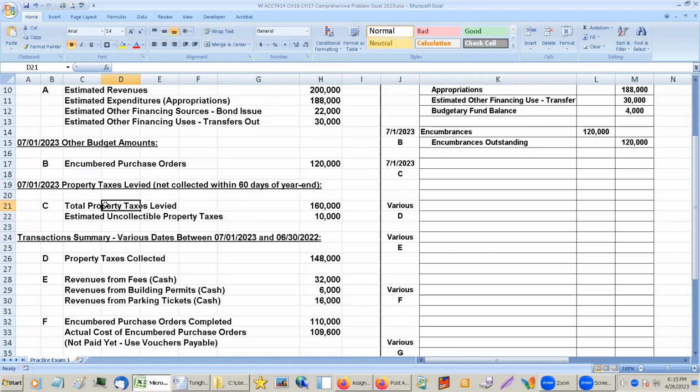Property tax levy, the net will be collected within 60 days of year end. So what's the journal entry on that gonna look like?